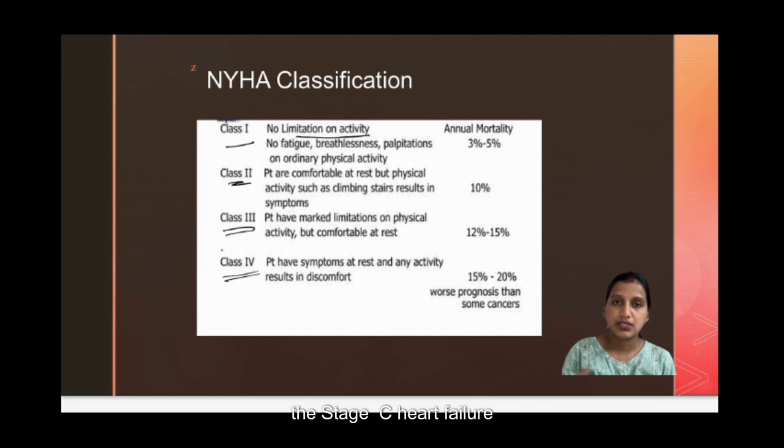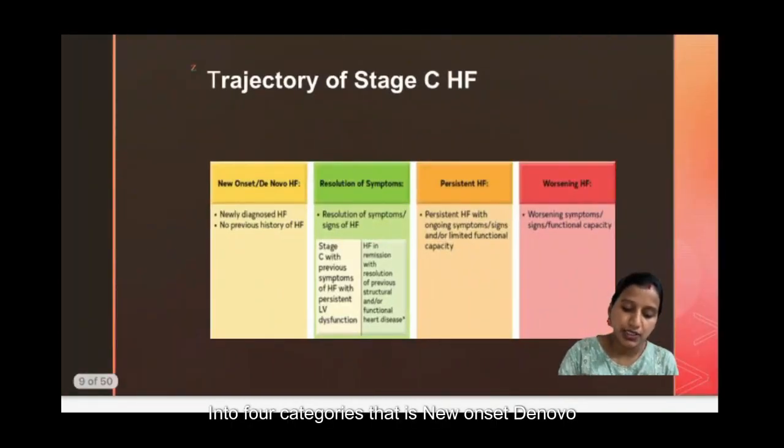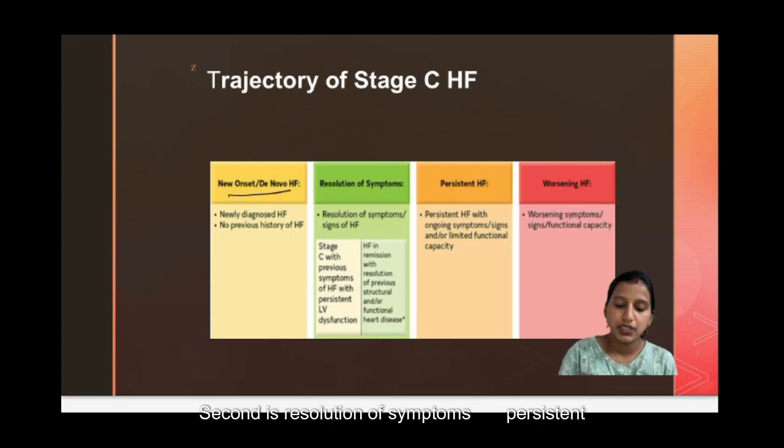The stage C heart failure patients can further be classified into four categories: new onset de novo heart failure, resolution of symptoms, persistent heart failure, or worsening heart failure. New onset is basically newly diagnosed heart failure with no previous history of heart failure.